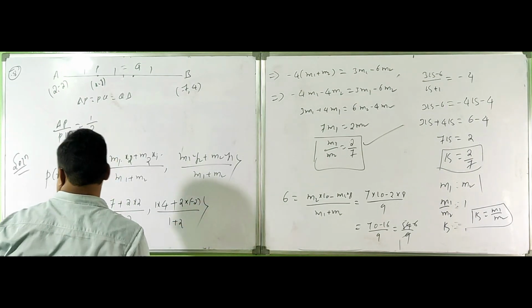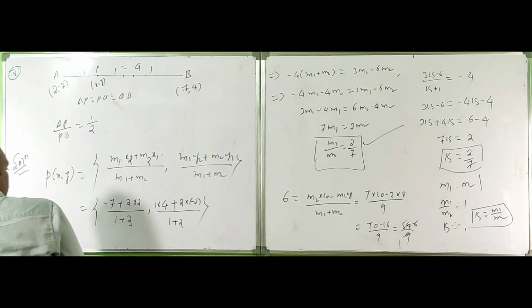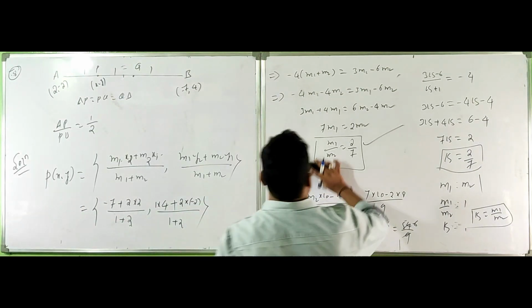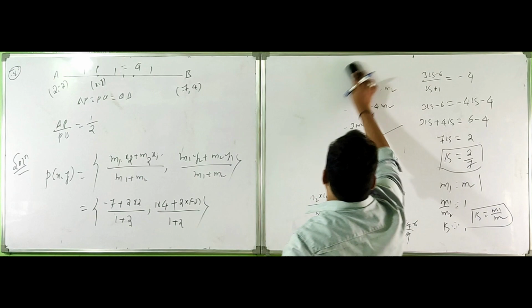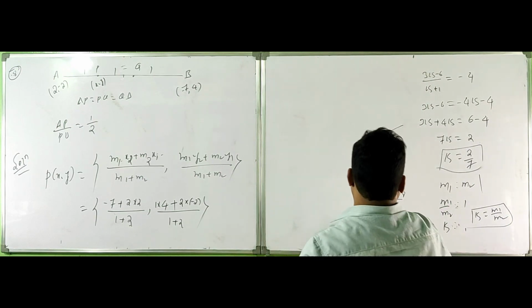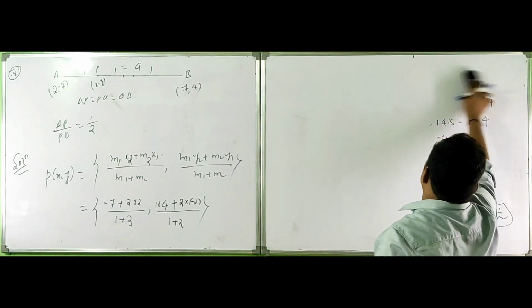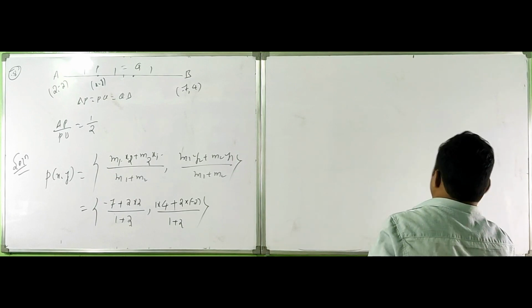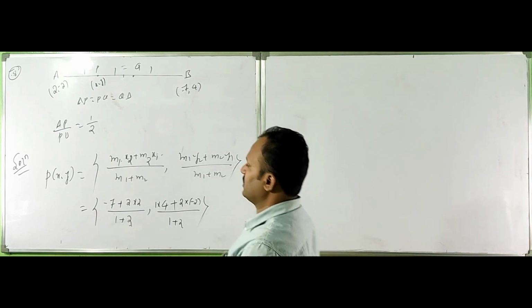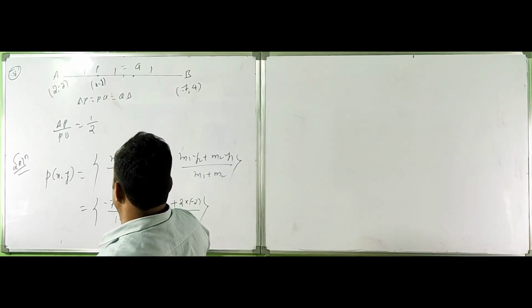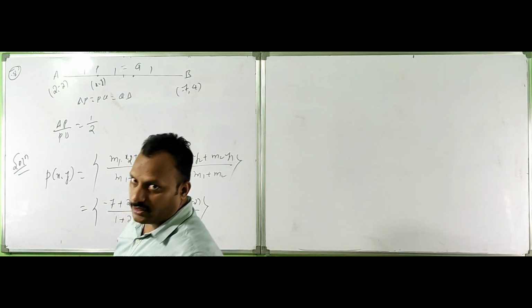Write the symbols as they are. If you are getting confused, and you have a basic understanding of mathematics, you can write the direct answers. Minus 7 plus 4 gives minus 3, divided by 3 gives minus 1.